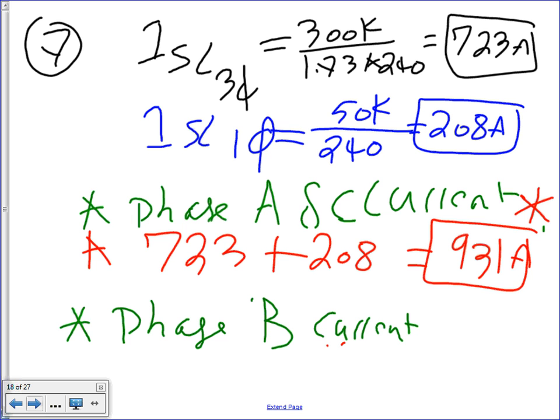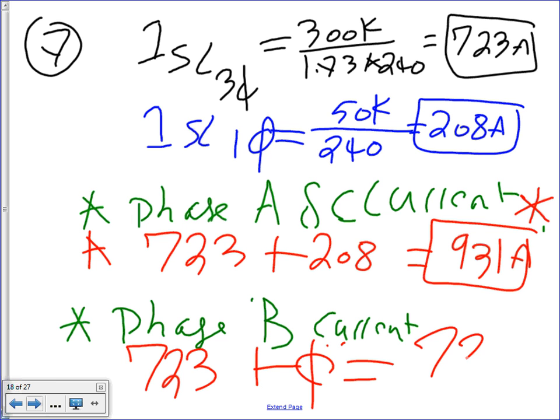Phase B is only going to see 723 plus a big fat fluffy zero, and that will get you only 723. The reason why I put the zero is just to emphasize that it will be a zero here.